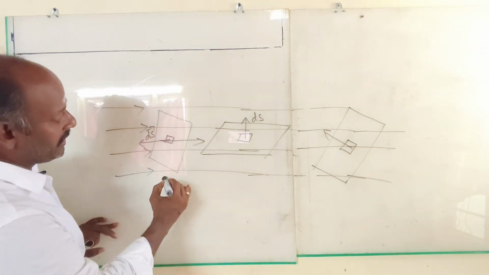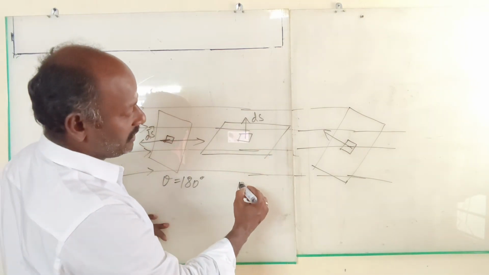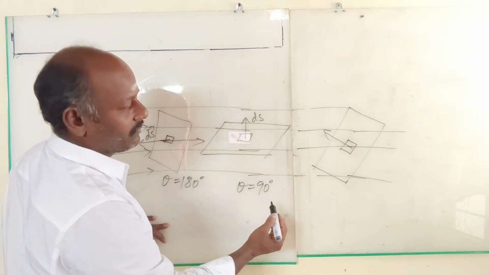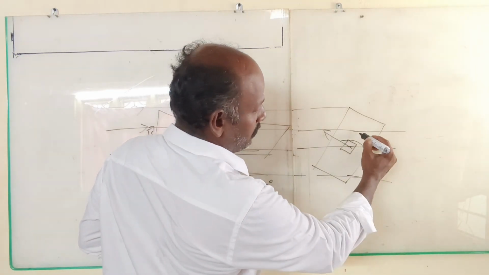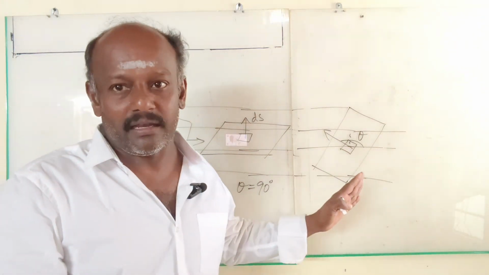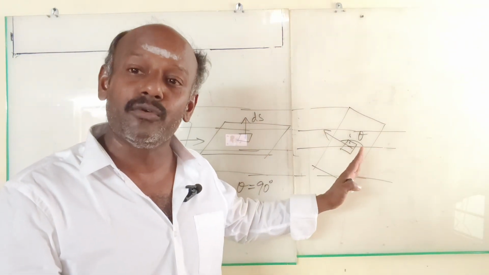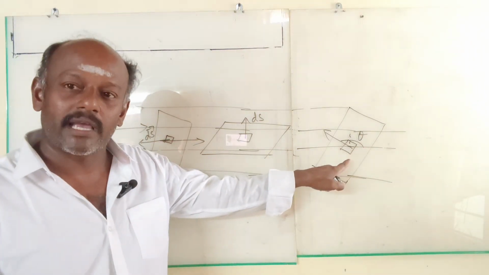So here theta will be equal to 180 degrees, here theta will be equal to 90 degrees, and here theta will be an obtuse angle.